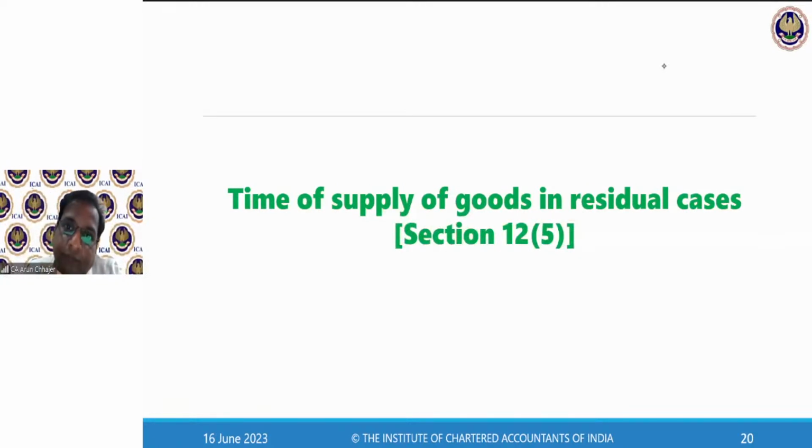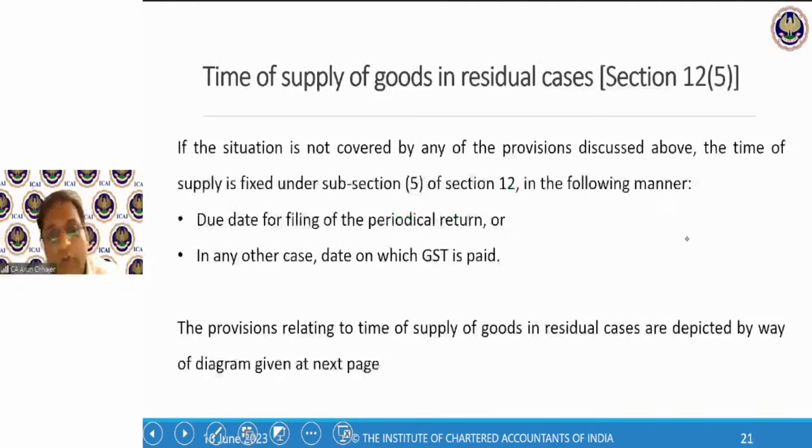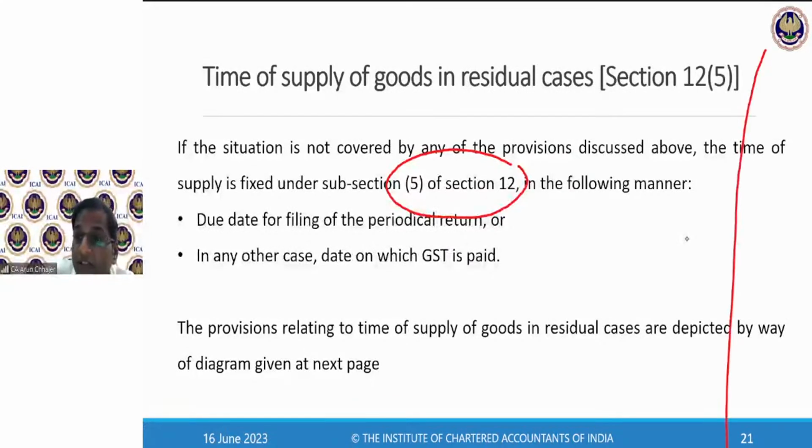Suppose the time of supply is not identifiable as per the forward charge, as per the reverse charge, or as per the voucher. If it is not identifiable because of any reason, if it is not possible to identify, then in that case, the time of supply would be covered by this provision. Again, this is same.